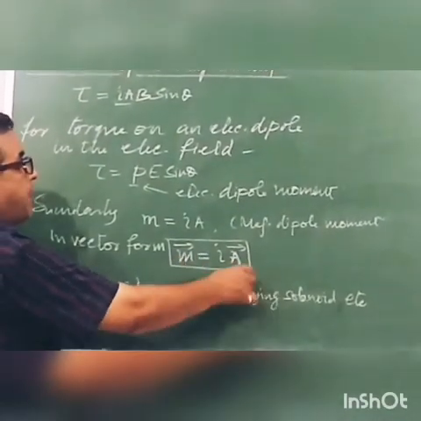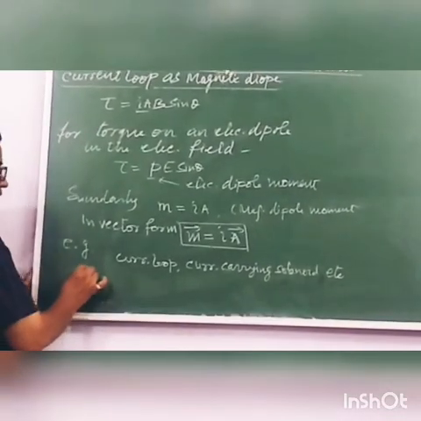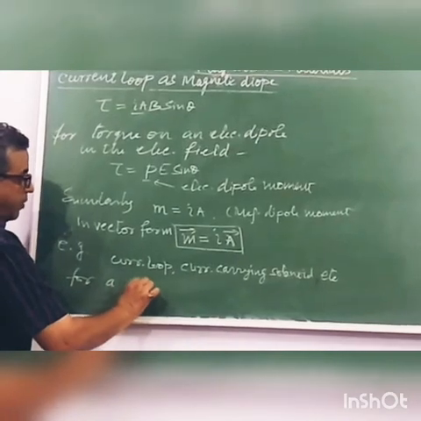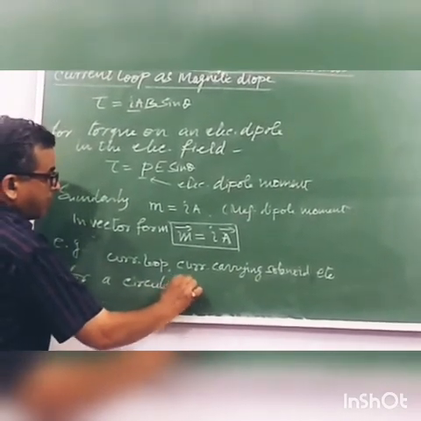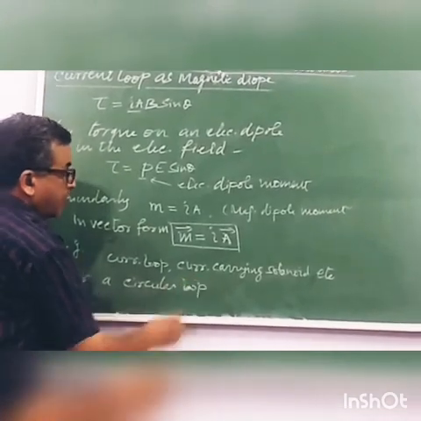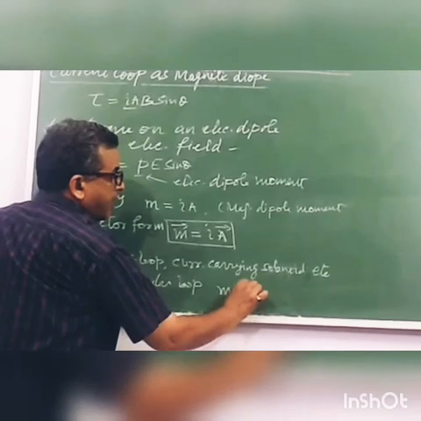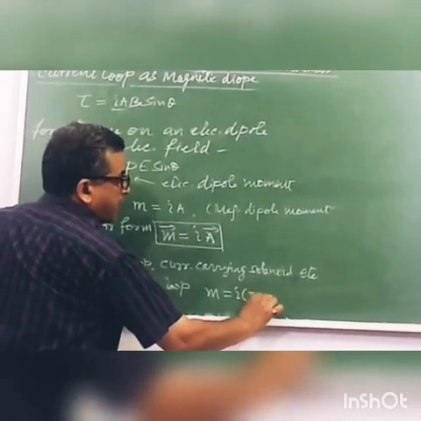So this is the magnetic dipole moment. For a circular loop, M is expressed as I times pi r square.